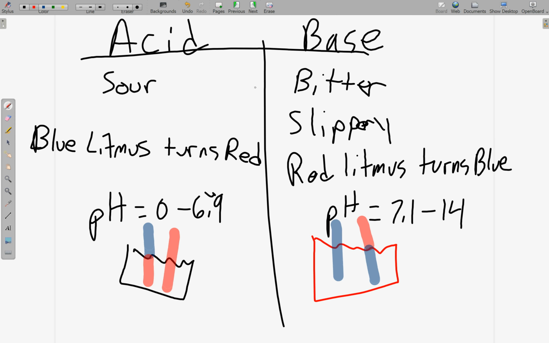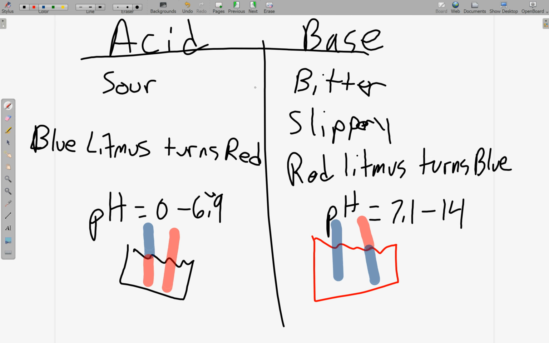Red litmus paper turns blue in a base, and this is what I remember. I like to keep things simple, right? When I was a kid, it was hard to remember, is it blue that turns red or red that turns blue? But I figured out, if I remember that bases turn blue, they can't turn blue if they're already blue.